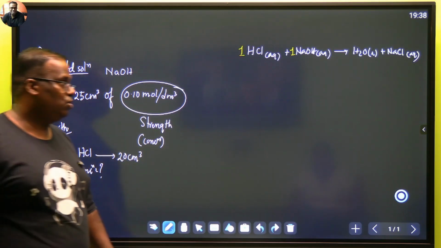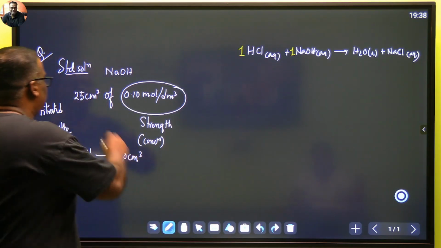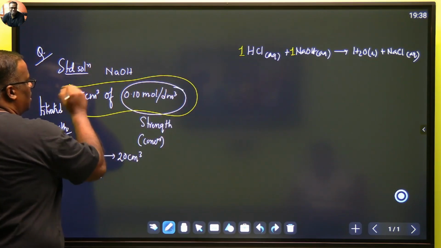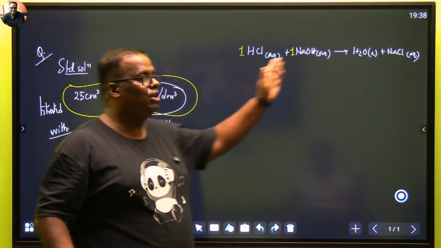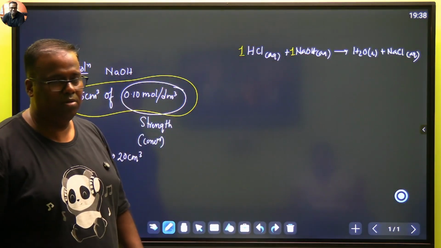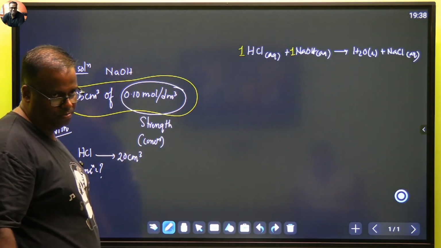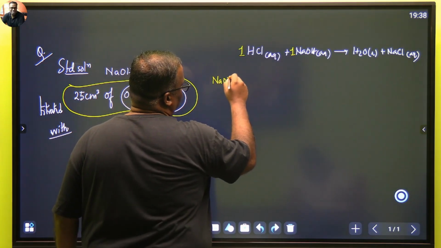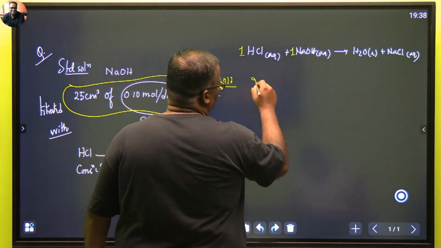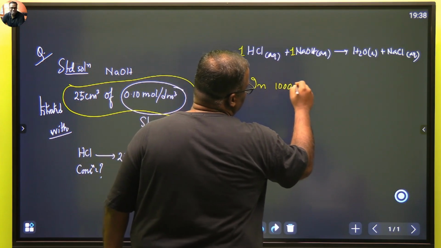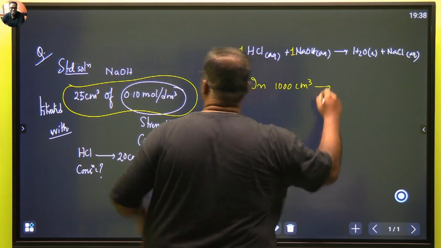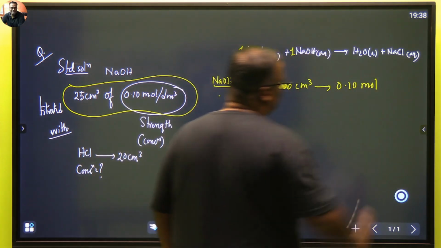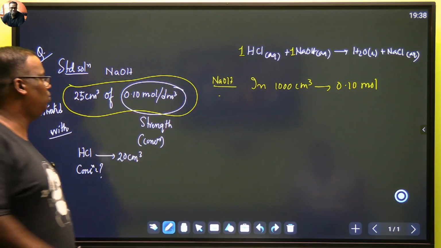Right? So this data is known to me. Can I first find out how many moles of NaOH were there in my 25 centimeter cube? Let's find this out. The data tells me in 1000 cm cube, I had 0.10 mole. Is this understood? 1000 cm cube, why?